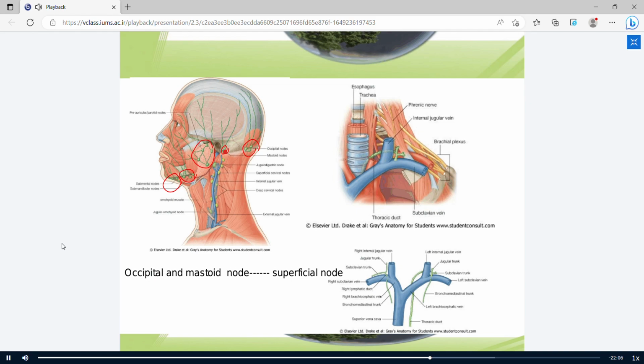Occipital and mastoid drain to superficial nodes, but the parotid, submandibular and sublingual nodes drain to deep nodes. You know there are several nodes around the external jugular and internal jugular vein as superficial and deep nodes.